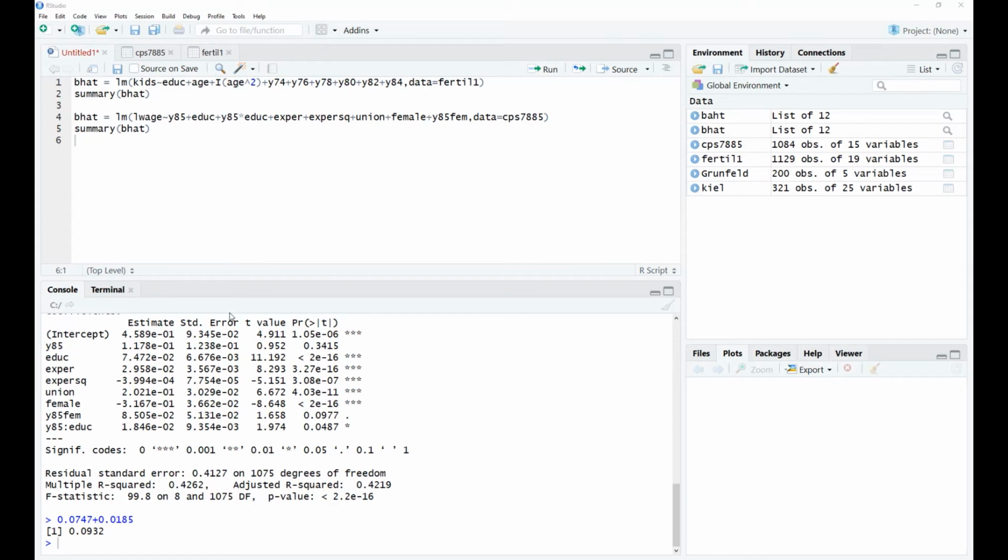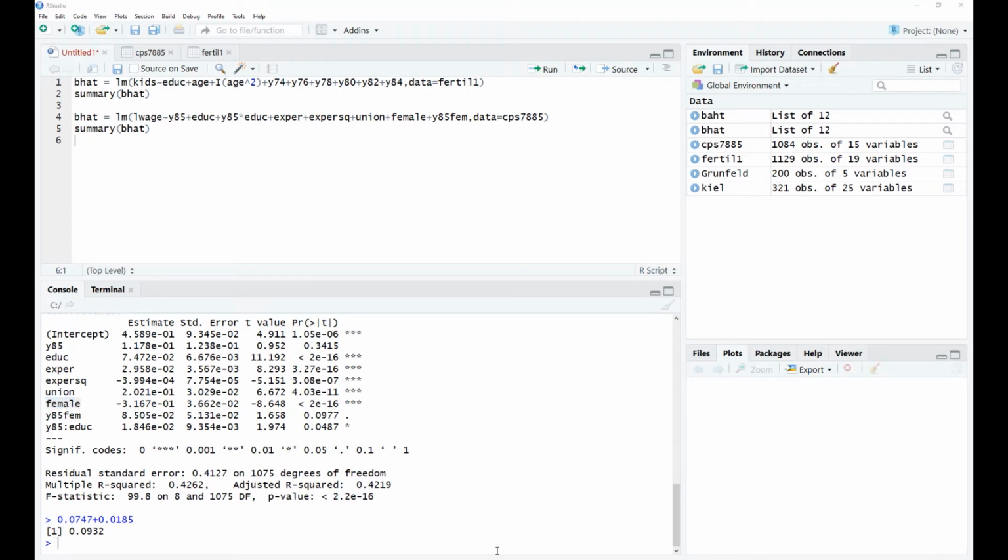Now, what is more interesting is that this is a model which can analyze the gender pay gap. Note that the coefficient for female is negative 0.32. What this means is that in 1978, the wage of a female was 32% lower compared to a male.